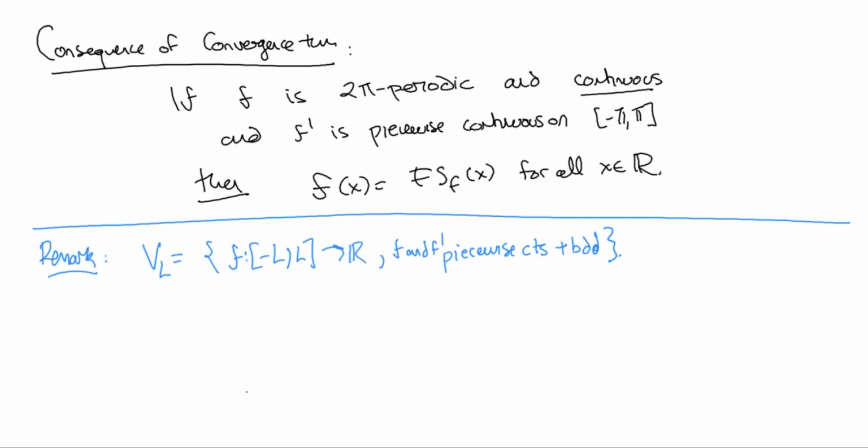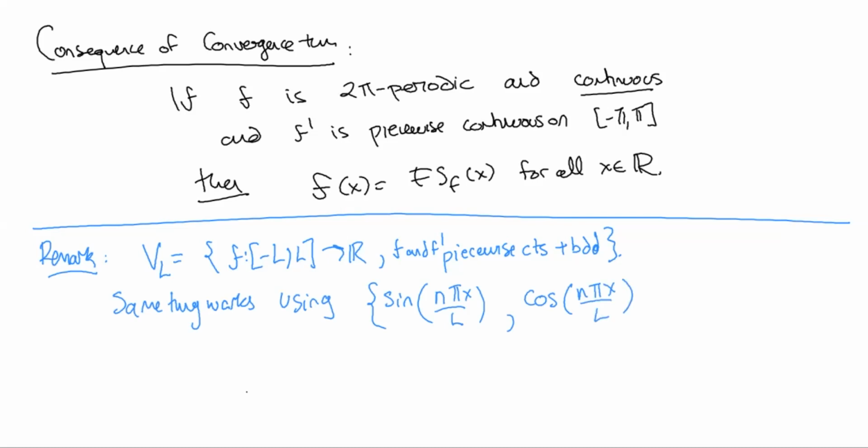So can you do the same thing as before? Yes. So the same thing works, but using the following functions: sine n pi x over L and cosine n pi x over L. Okay? And just the constant one.